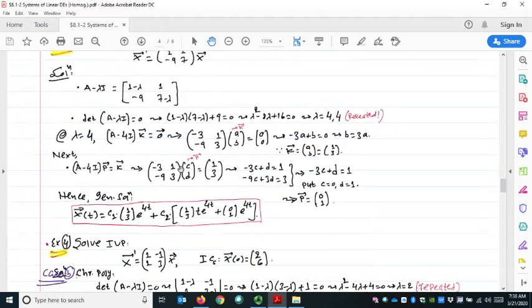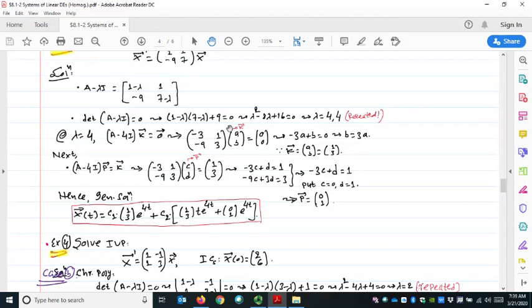Next, let's find the corresponding eigenvector for lambda equals 4. Solving this vector equation, A minus 4I times vector k equals 0 vector. So this matrix comes from here when you put lambda equals 4: 1 minus 4 is -3, -9, 1, 7 minus 4 is 3. And we need to find the vector k. So let's assume the vector k has components a, b, and the 0 vector has components 0, 0.